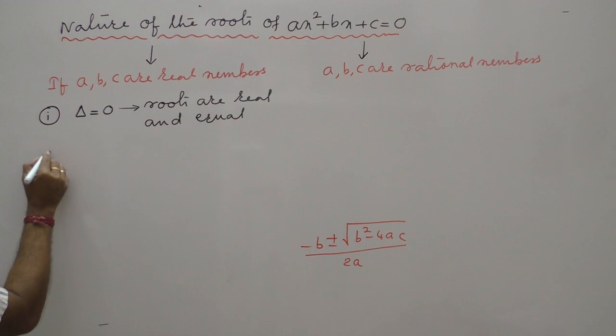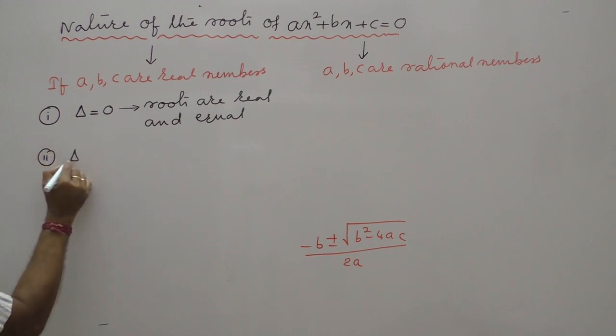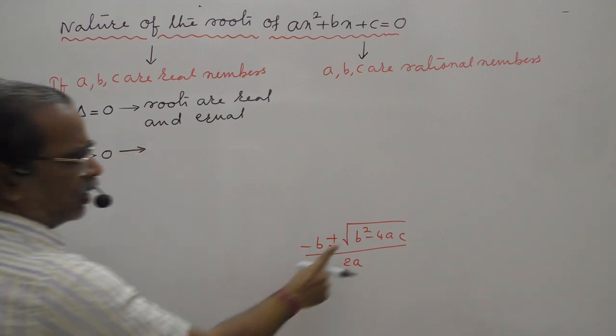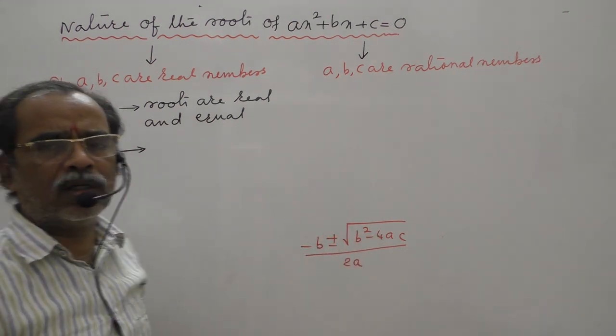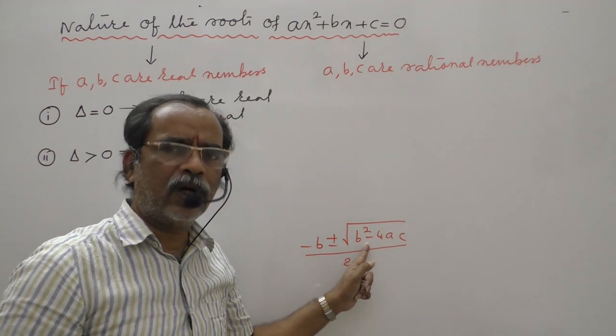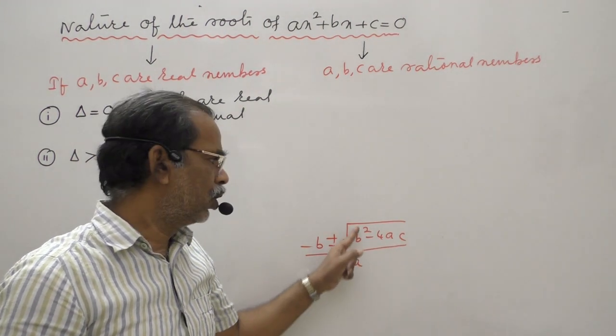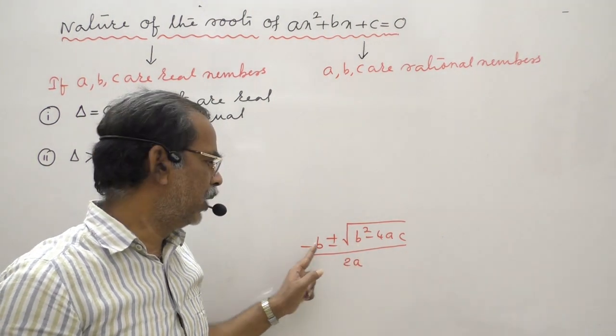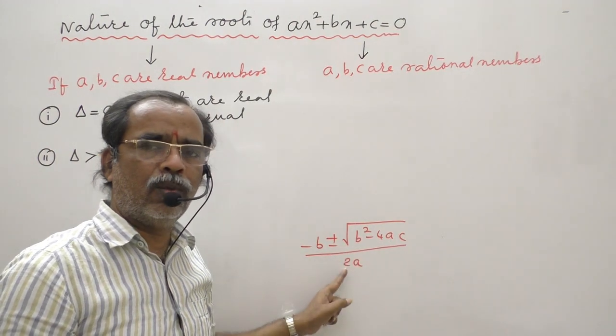Next, number 2. If delta is positive, greater than 0. For example, suppose this value is 4. What do you get? The square root of 4 is 2, so minus b plus or minus 2, divided by this.